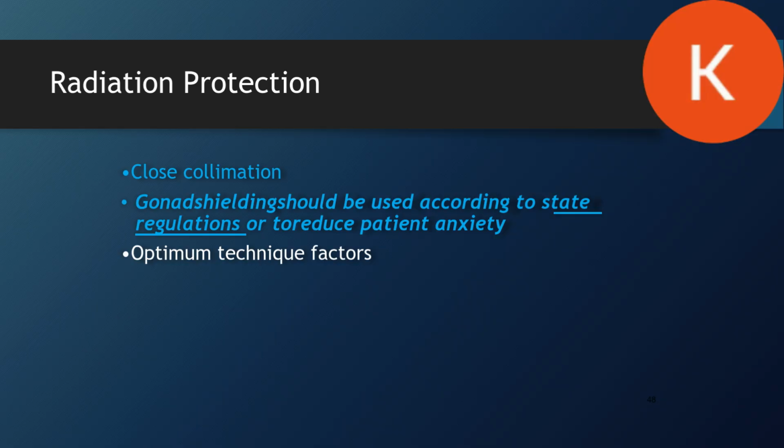We're not overexposing patients by opening up the collimation field. Gonadal shielding is important, so we are teaching you in the lab how we're going to be shielding the patient. And if it comes to doing a sacrum coccyx x-ray and we cannot shield the patient, we'll show how we can alternate and shield patients, making them feel more comfortable during x-rays.